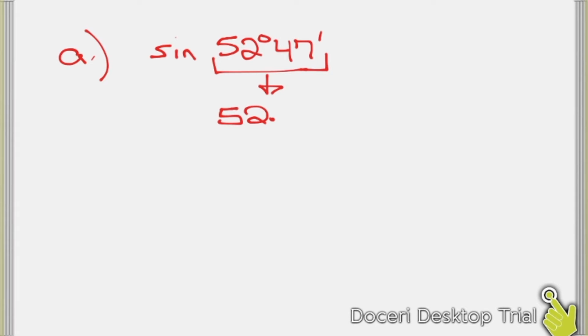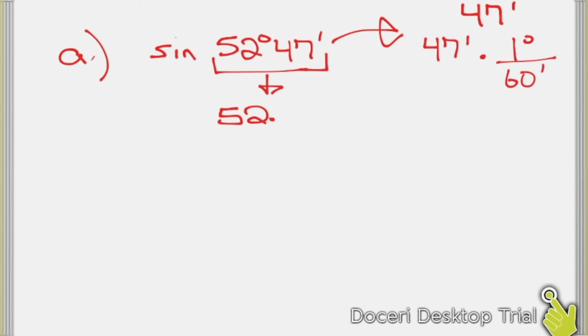So if I'm going to bring that over here and think about, okay, 47 minutes, and we have to convert that. So we have to use the conversion rate, which just tells us that in 1 degree, there are 60 minutes. Okay? So we set it up like this, 1 over 60 here, because the units have to cancel out, meaning the minutes.